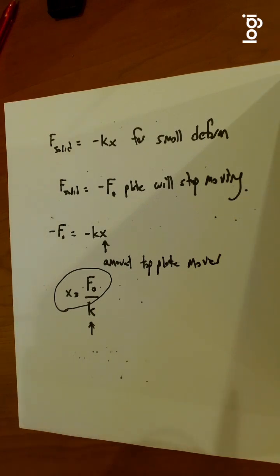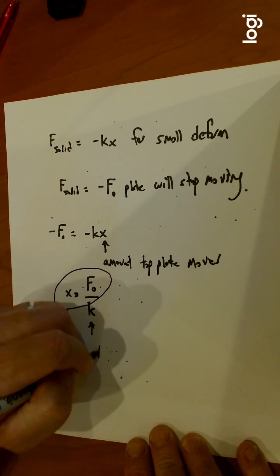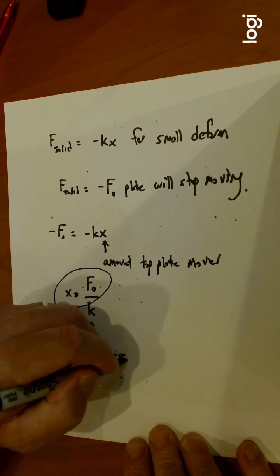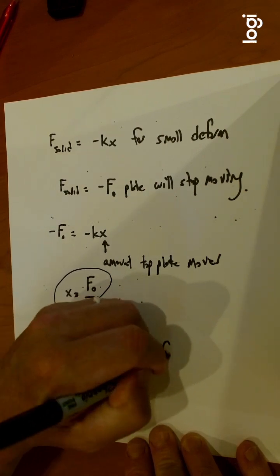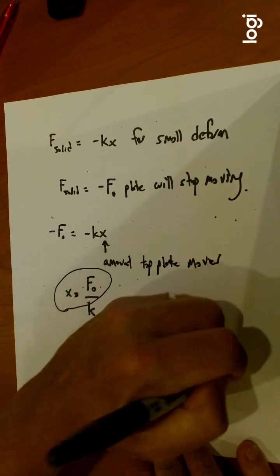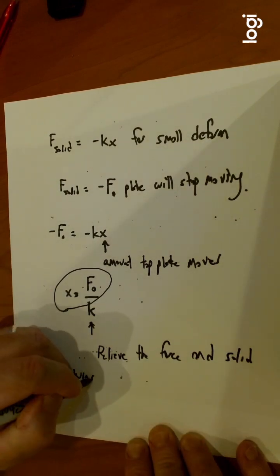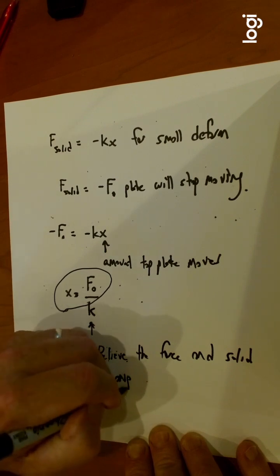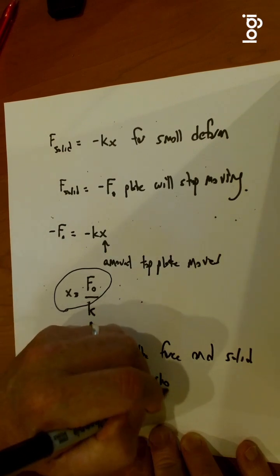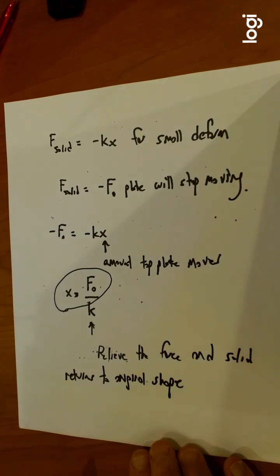But if this deformation is small, then when you relieve that force, it will spring back. So if you relieve the force, your solid returns to its original shape. So we're back to where it started.